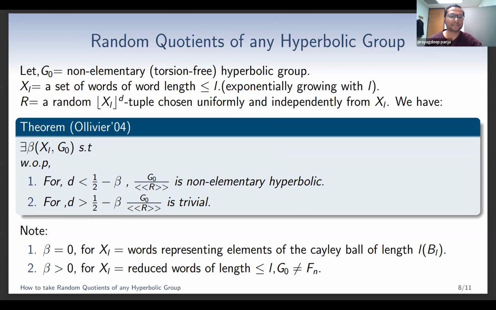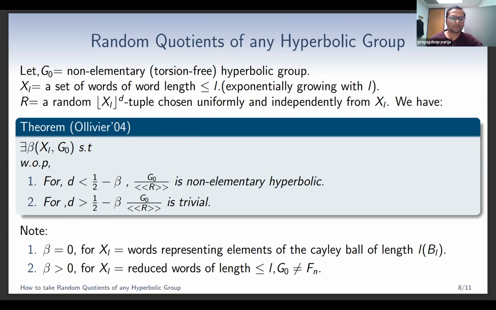This beta is 0 for the case of free groups and reduced words of length L. But for any group, this beta is going to be positive if you quotient out by reduced words, and it's going to be 0 if you quotient out by the elements of the Cayley ball.